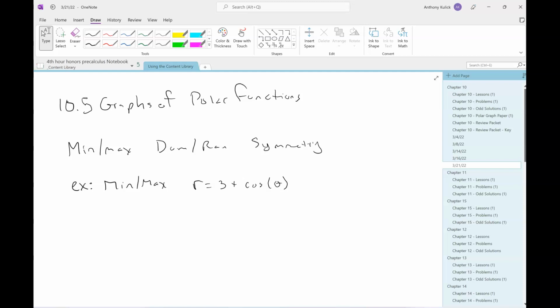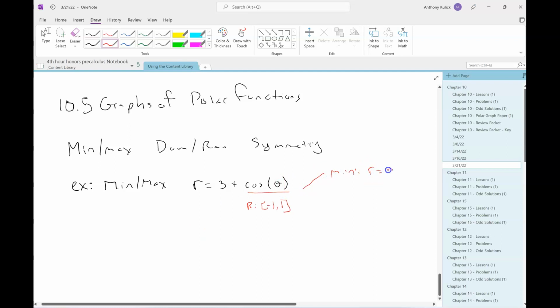What's going to determine the minimum and maximum value for r here? The values of cosine theta, right? What are the possible outputs of cosine theta? That is correct. So the minimum for r would just be where cosine theta is -1.